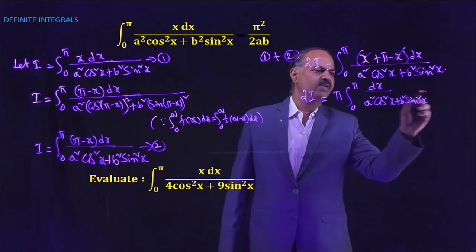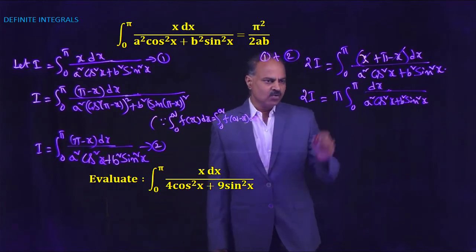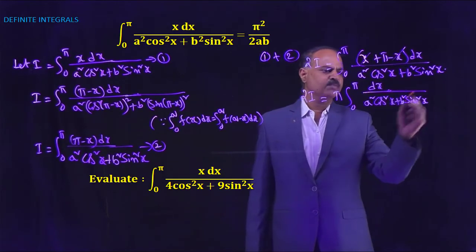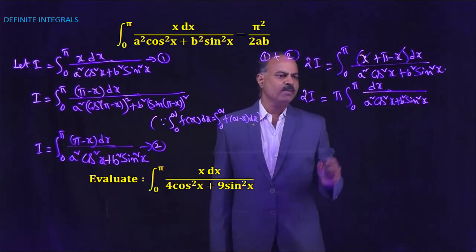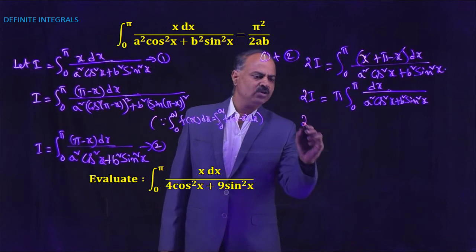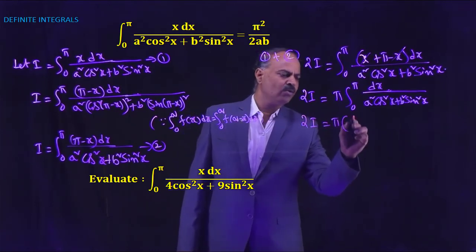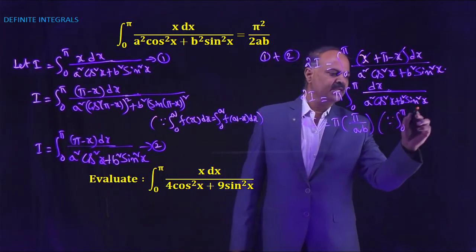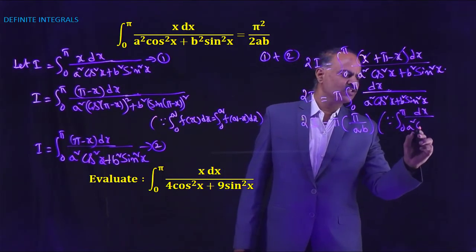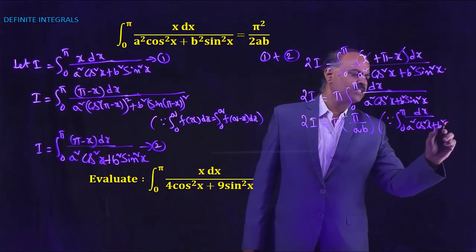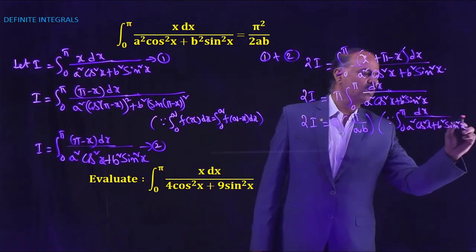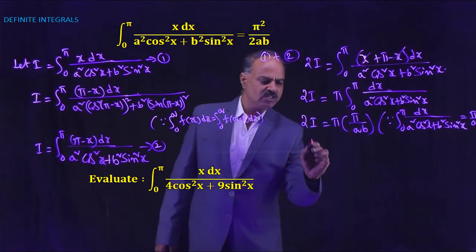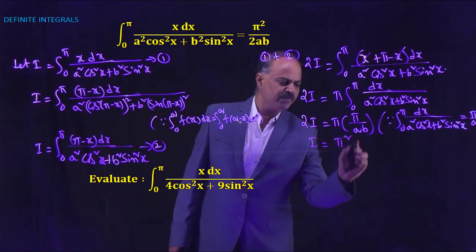We know this integral equals pi by ab. So 2I equals pi into pi by ab, therefore I equals pi square by 2ab.